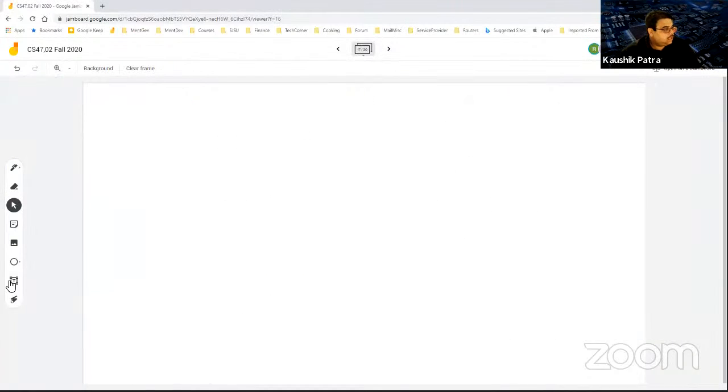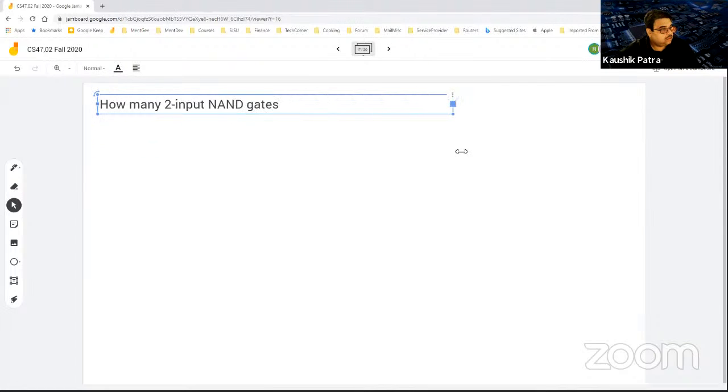Let's say, how many 2-input NAND gates are there in, okay, let's rephrase this.